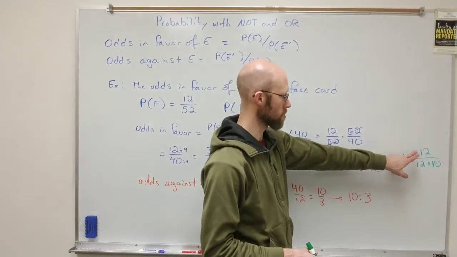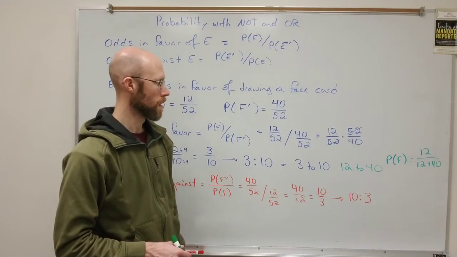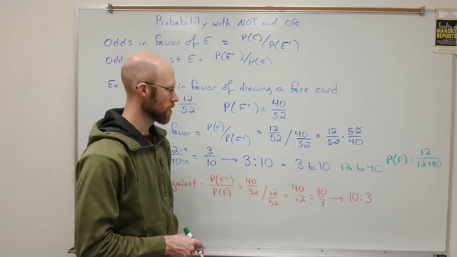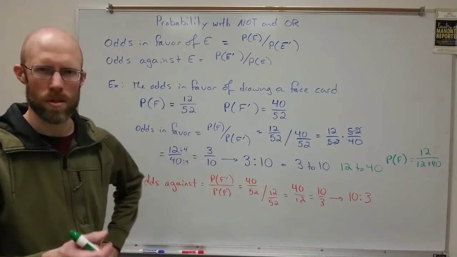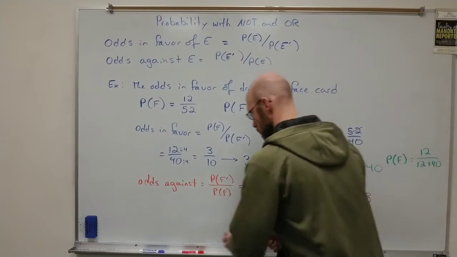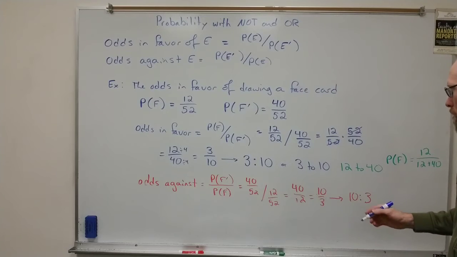So here I could add those up, 12 over 52, which reduces down to 3/13. Sorry. So you could also do this in terms of the reduced odds.